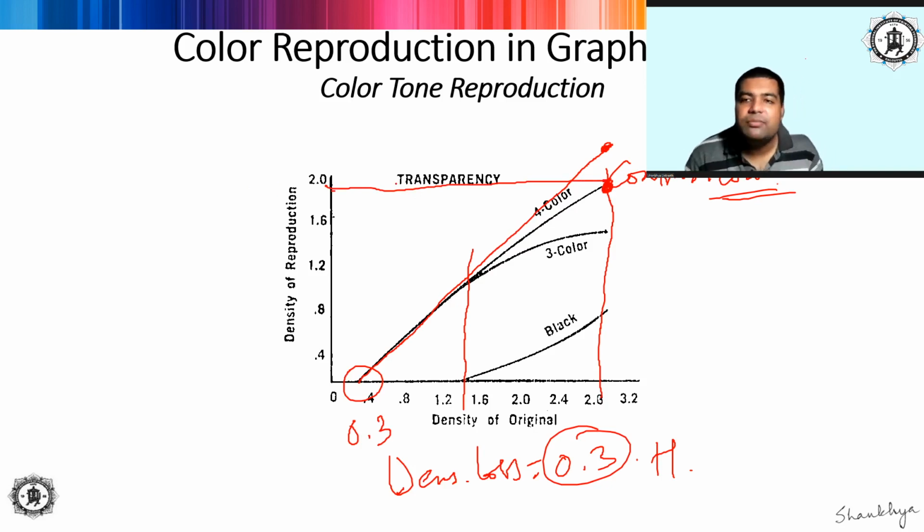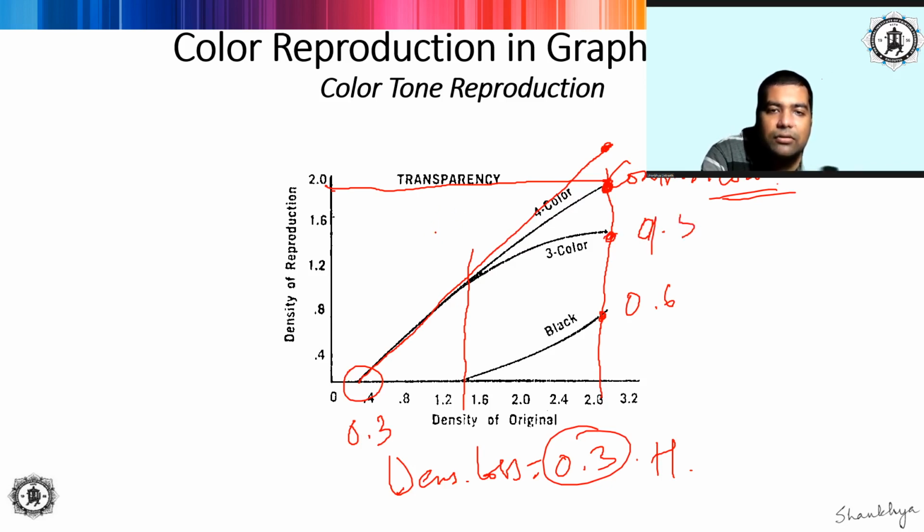Now you may ask me, okay, but in order to overcome the deficiencies of the three color printer, I have added the black printer. So ultimately I was expecting a higher density, because when we add up the three color density and the black density... So black density is how much? It is maybe 0.7, and the three color density is maybe 1.5 or something like that.